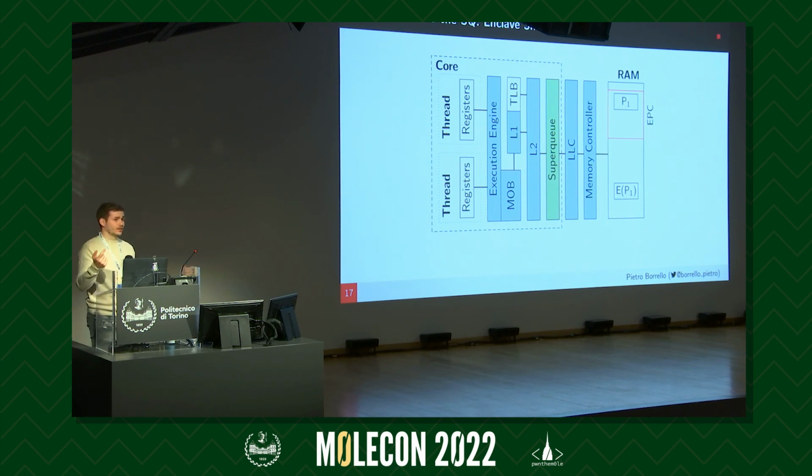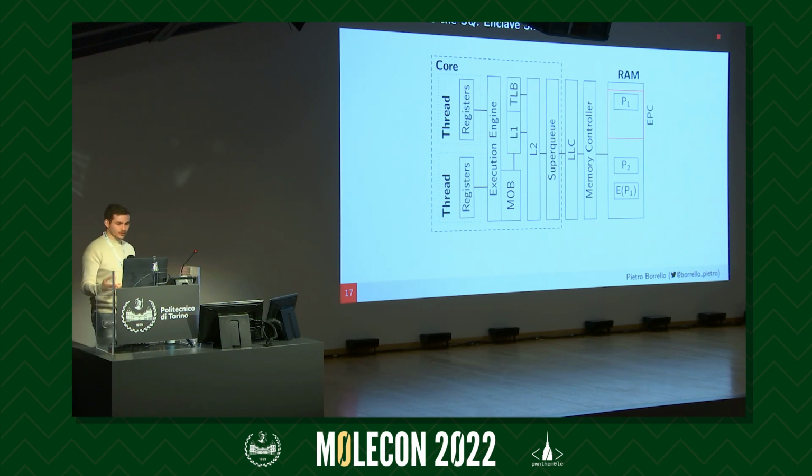And it's passing through the superqueue. So we have this way of selecting pages in memory and making them go back and forth into the superqueue so that they will be there, and we can try to force the data that we want to leak into the superqueue. And the same thing happens for the opposite.